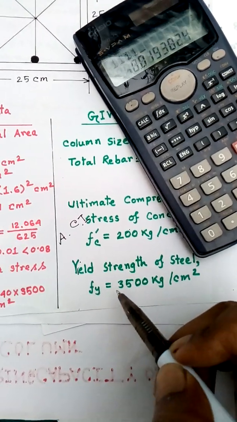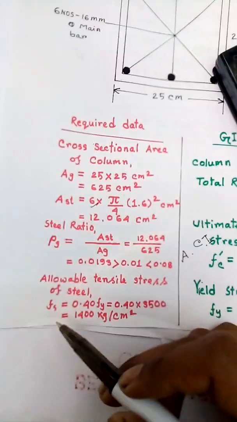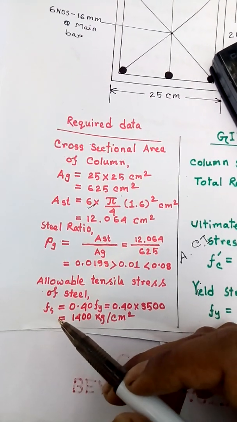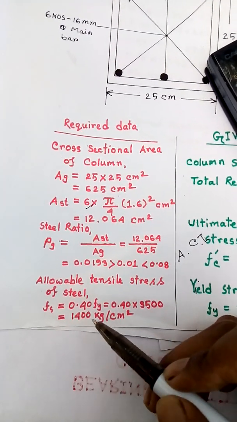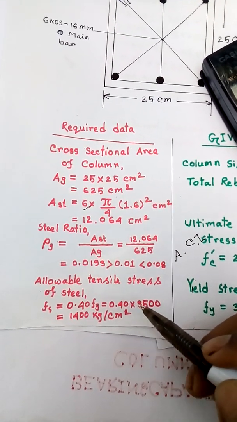Then the value of Fs equal to 1400 kg per square centimeter.